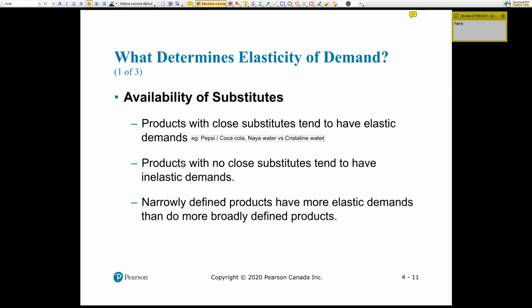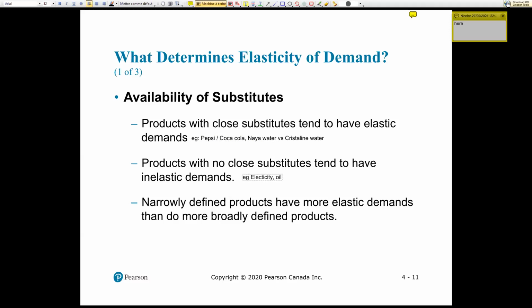Products with no close substitute tend to have inelastic demand. What would you say? Maybe electricity. Yeah, electricity, very good. Or oil. Why? Because so much relies on this.